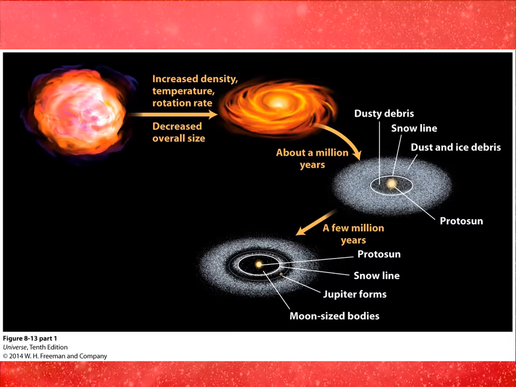So that's what's happening here in the solar system, in this Proplyd. And so what will happen is that the big globule collapses, forms a protostar in the center of an accretion disk.